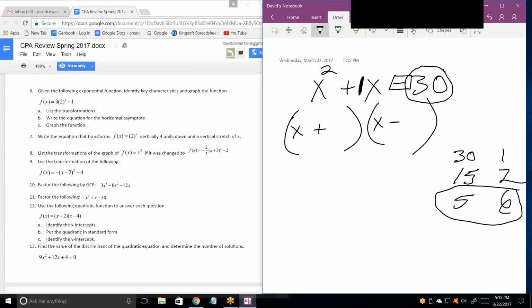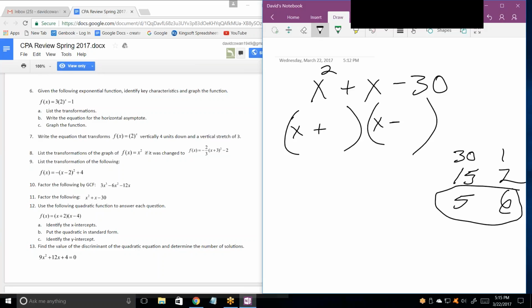Now, that's 3 steps. There's one last step for this problem, and that's figuring out where to put the 5 and where to put the 6. What's the formula for doing it? What is the rationale for doing it, I should say? You put the larger factor.